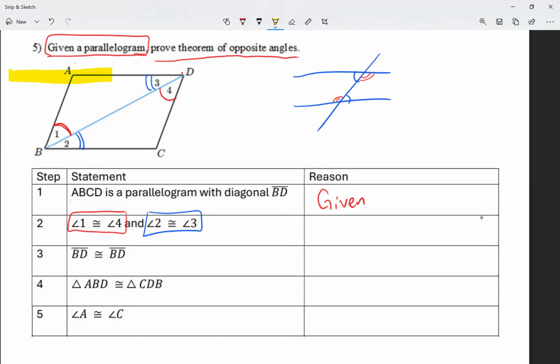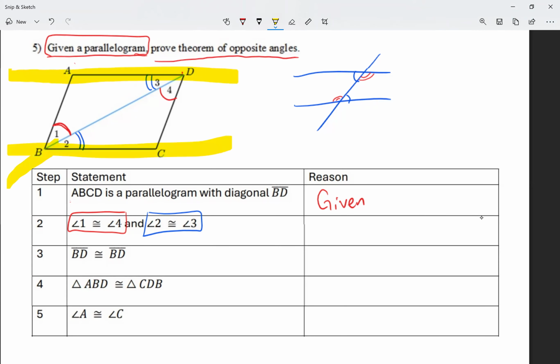Look, I have a parallel line to another, and I have a transversal. So isn't angle 3 alternate interior with angle 2? And angle 1 will be with angle 4.